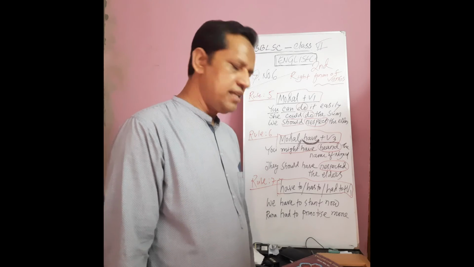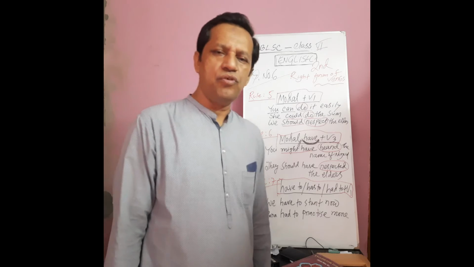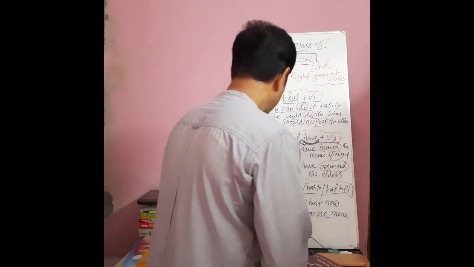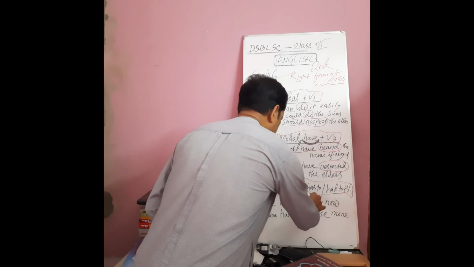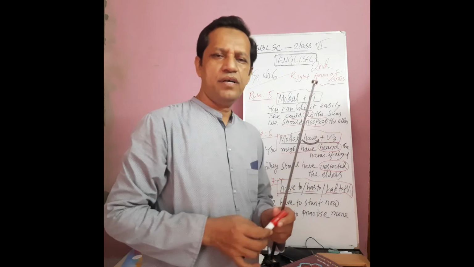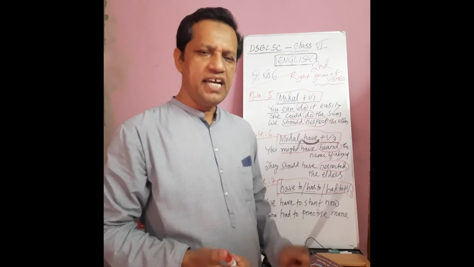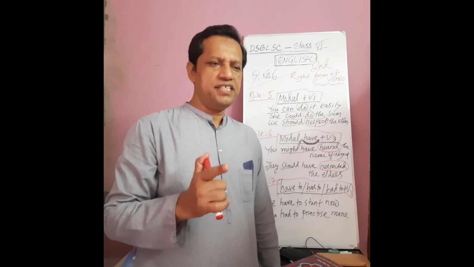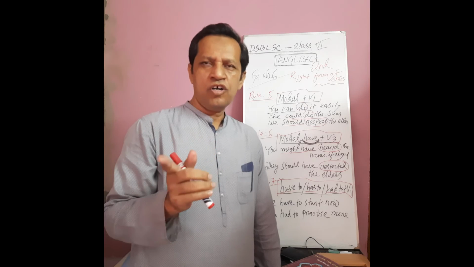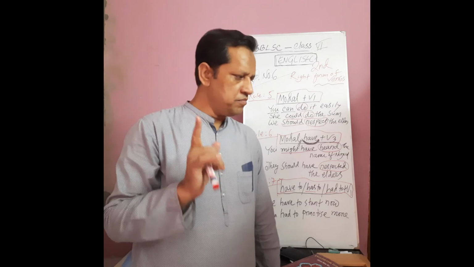In my last class, in rule number 4, I told you after have, after has, and after had, you have to use V3 form or past participle form of verbs.